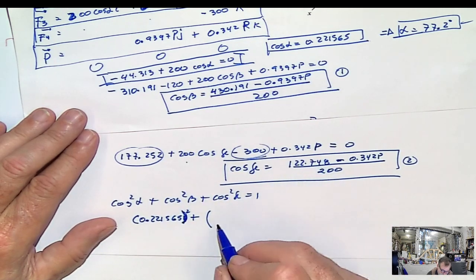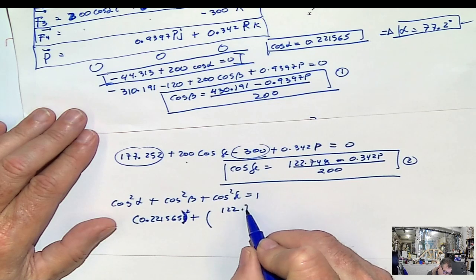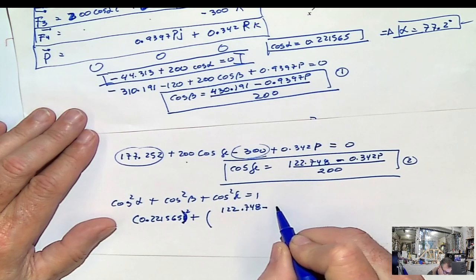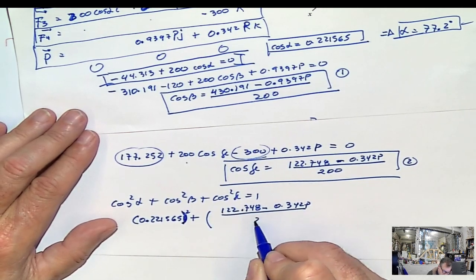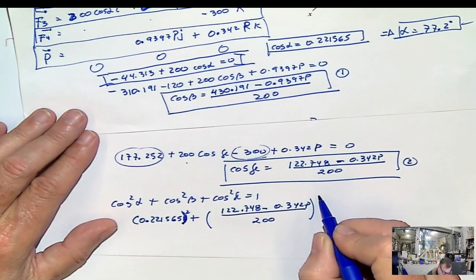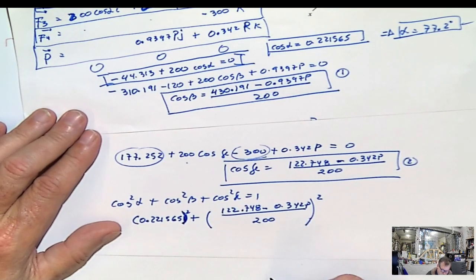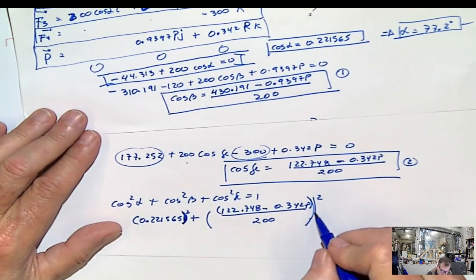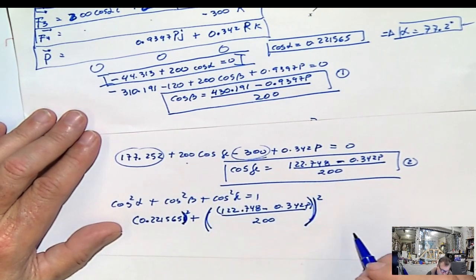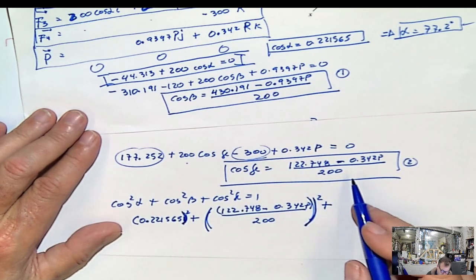Cosine square beta will be 430.191 minus 0.9397P divided by 200, and this is going to be a square. I'm going to put another parenthesis here to make it easier when I plug that into the calculator. Now plus cosine square gamma.